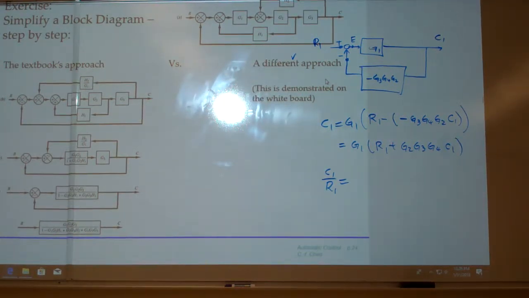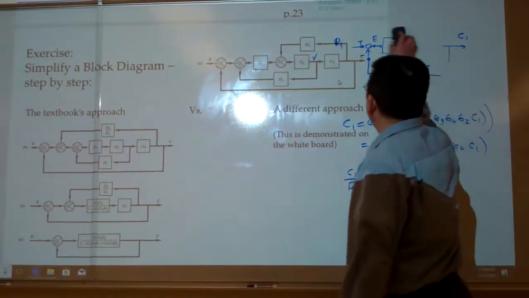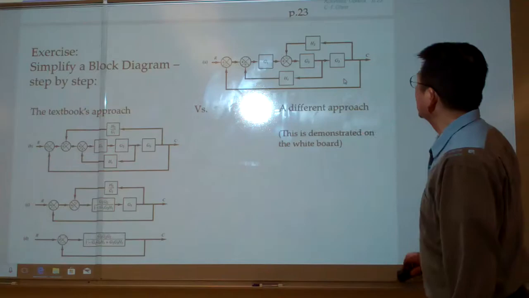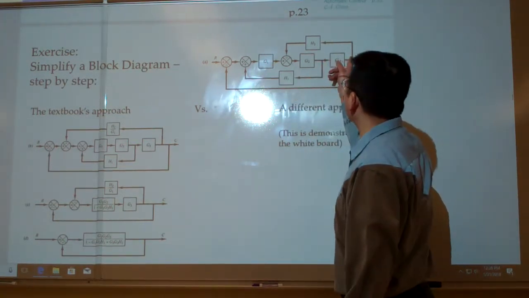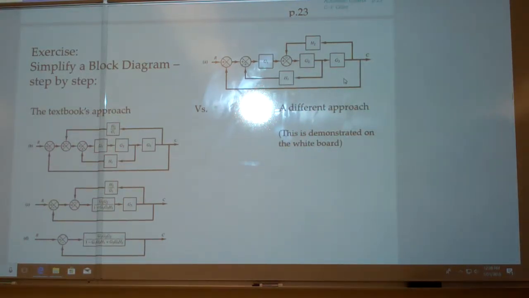So here we exercise this one. Let me pull that down a little bit. This one is a little bit more complicated. Here we have three loops, with two feedback loops and then three feedback loops.